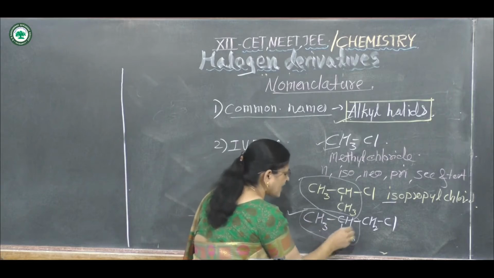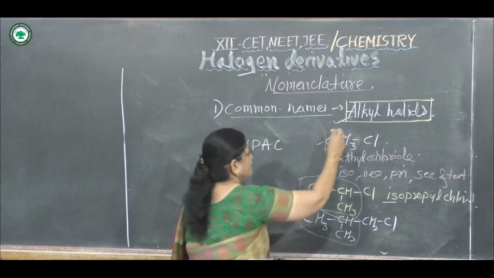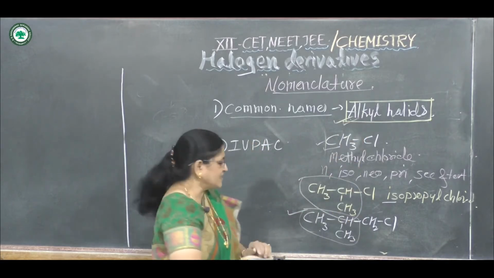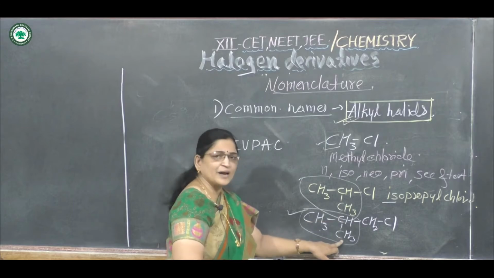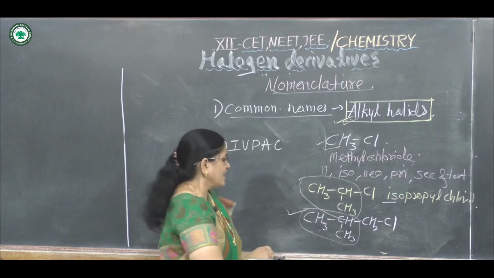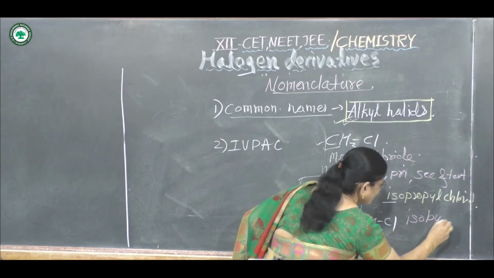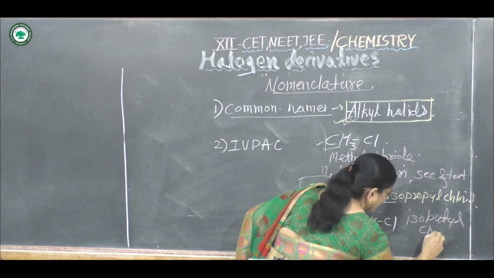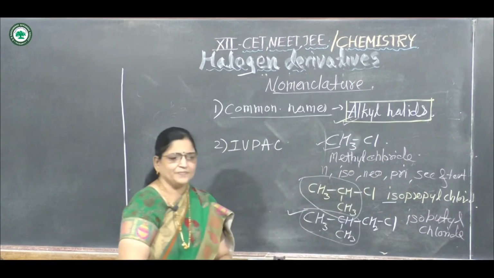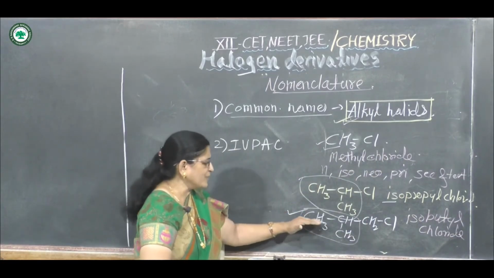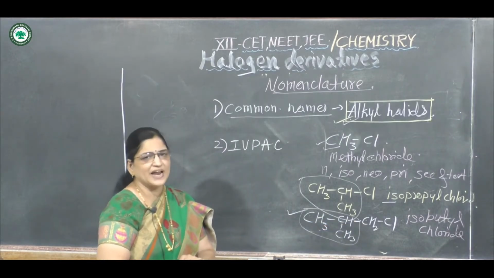In this compound there are 4 carbon atoms, hence it is a derivative of butyl. But again, on the second carbon atom there is one methyl branch, hence the name of this compound is isobutyl chloride.